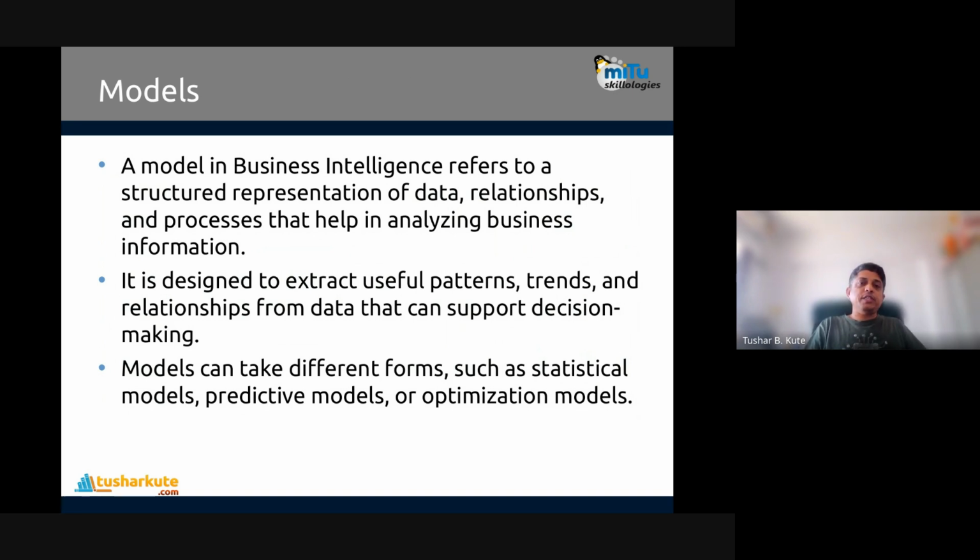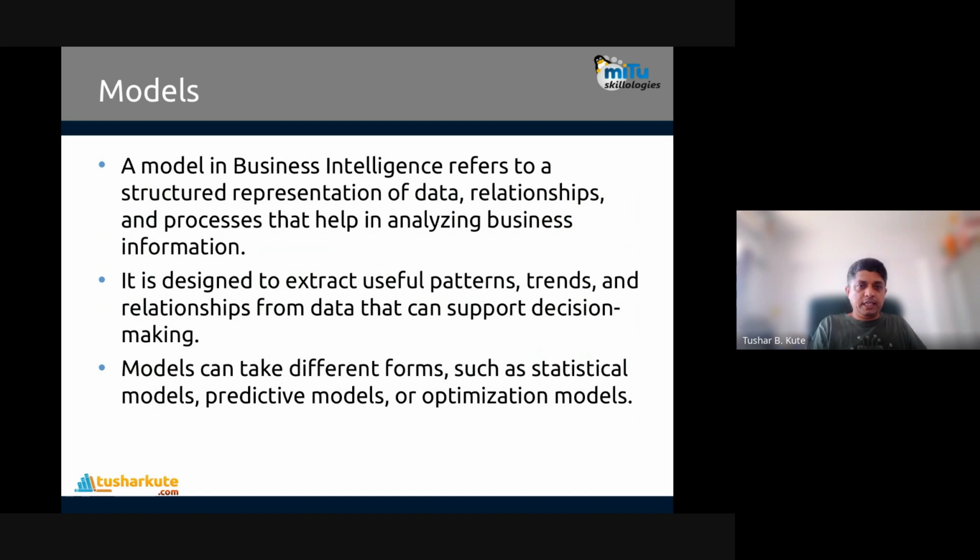A model in business intelligence refers to a structured representation of data, relationships, and processes that help in analyzing business decisions. It means whatever data I'm having, what structure and similarity the data contains, what relationships are there among the data, primarily among the input data or between the input and output data.